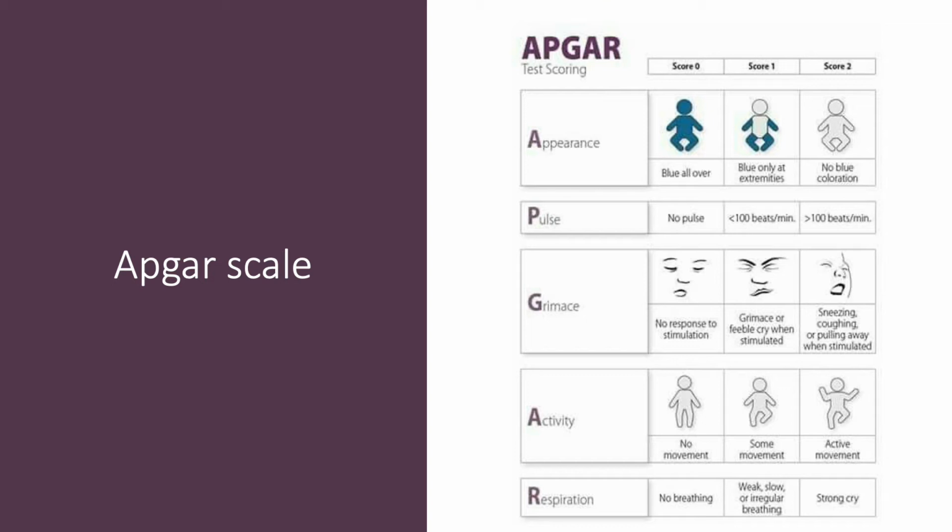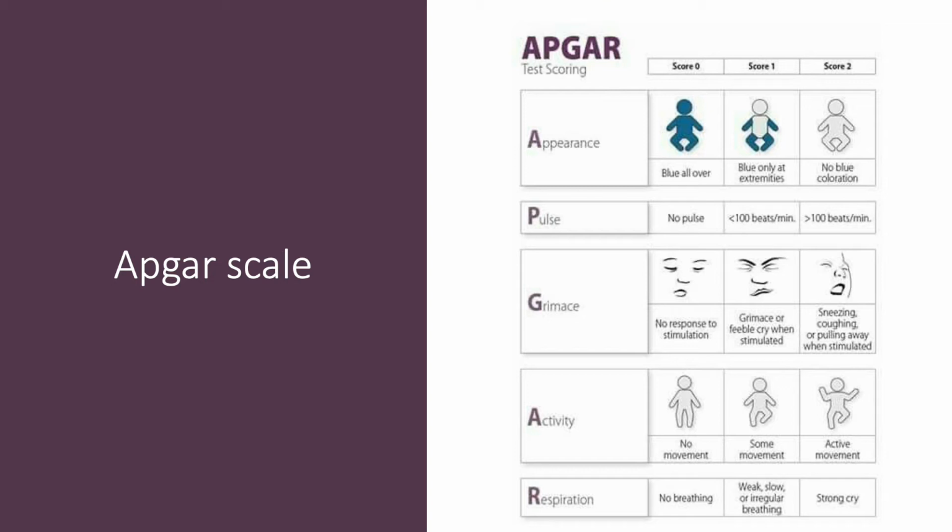Apgar scores are what we look at in the delivery room. It is essentially looking at the appearance, the pulse, grimace, activity, and respirations. They apply points to that, and an Apgar score can be between 0 and 10.